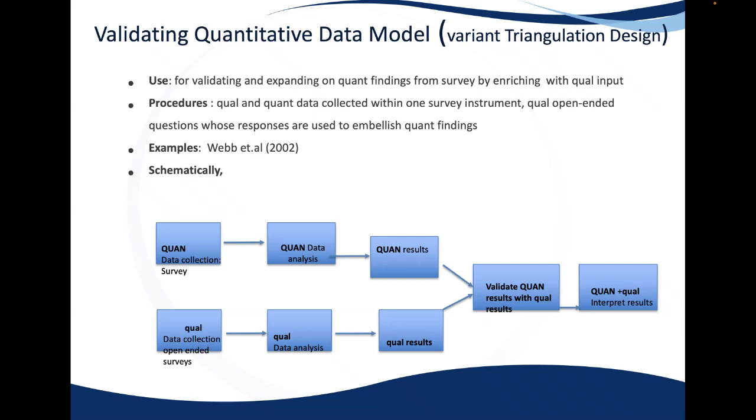So the quantitative and qualitative data collection all happen at the same time. Then, of course, there is convergence, but the convergence is there to help you validate quantitative data using qualitative data.